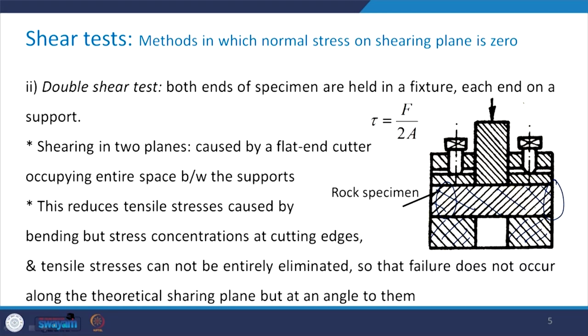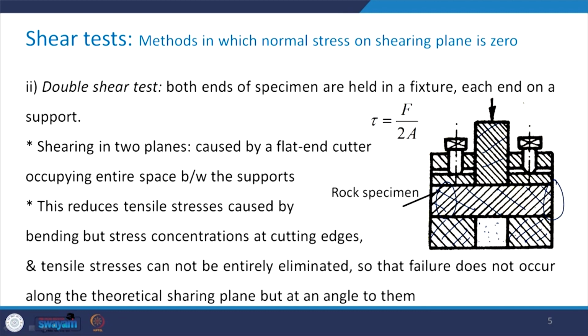Shearing takes place in two planes, which is caused by a flat end cutter which occupies the entire space between the supports. So, you see these two are the supports, this is the space between these supports. So, this cutter is occupying this whole space which is there in between these two supports.